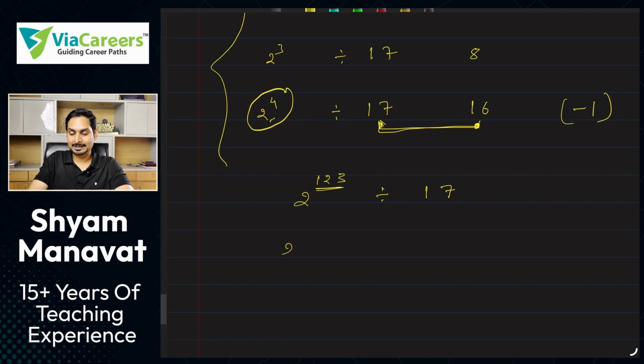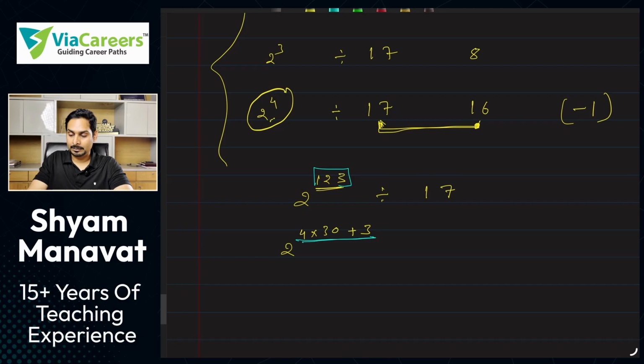So I can write this as 2 to the power 4 into 30, which is 120, plus 3. Works? Now don't ask me, sir, how do you get this expression? Arey baba, 123 divided by 4, the remainder is 3 and the quotient is 30, so you can write the power this way.